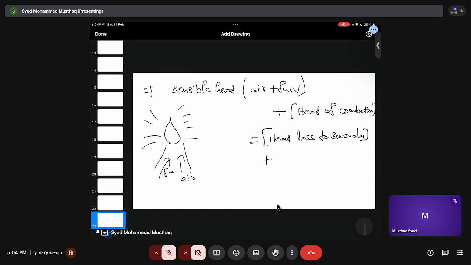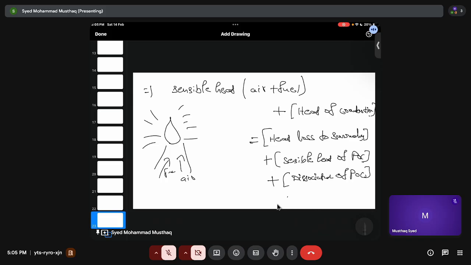plus heat carried away by POC, or sensible heat, you can write as sensible heat of POC, products of combustion, plus if some POCs get dissociated, that again requires heat, so dissociation of POC.